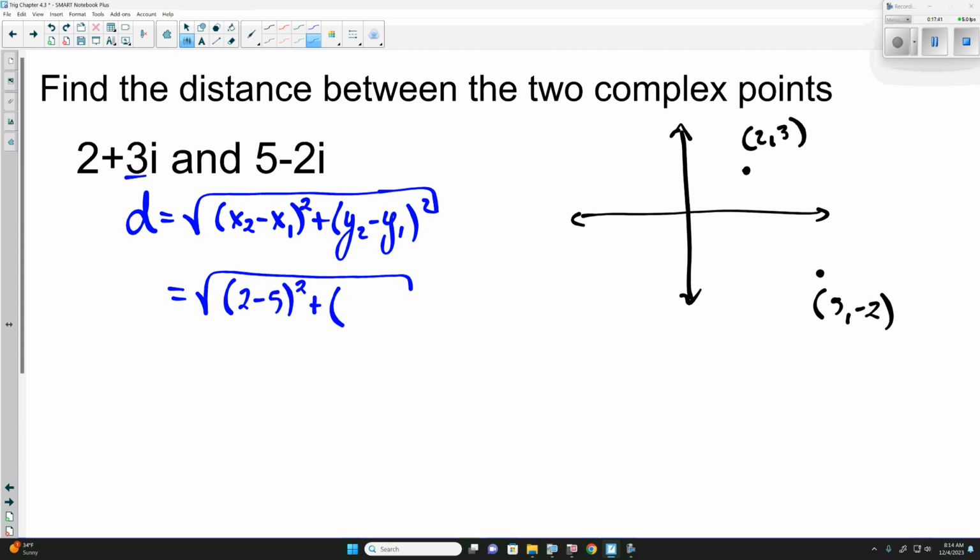And our y values, in this case, are the complex terms. Or if we wanted to, instead of using x and y, we could just say that it's a and b.